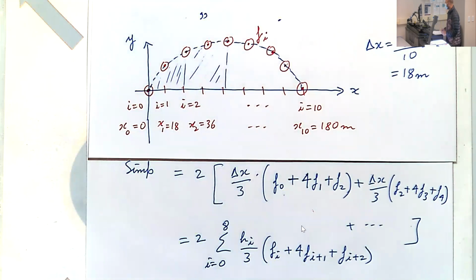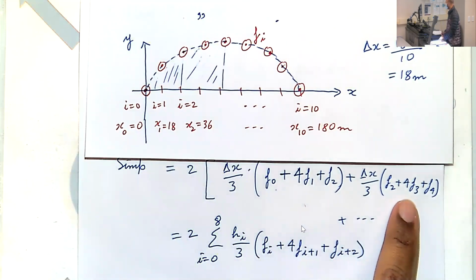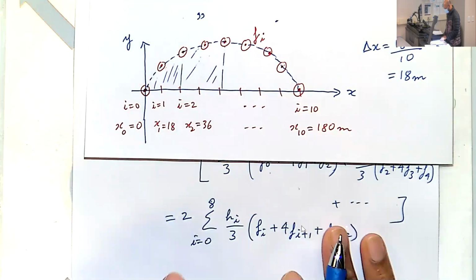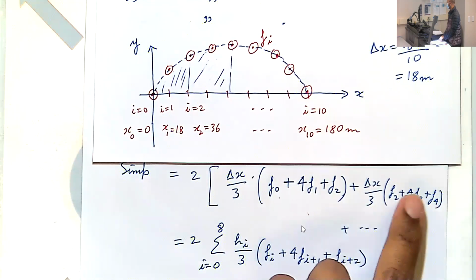So like on that second part, you have f2 plus 4f3 plus f4. Like how would you get that from there? Wouldn't that second part of the summation be f1 plus 4f2 plus f3? Oh, I see. So you're saying if I plug in I equal 1, we'll get a weird result. Yeah.